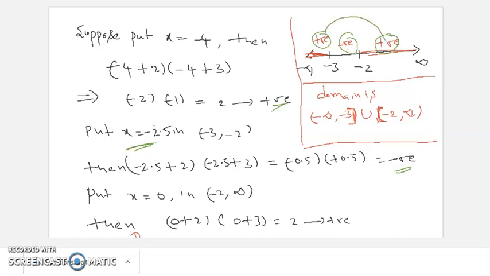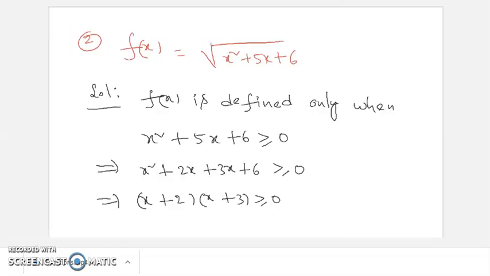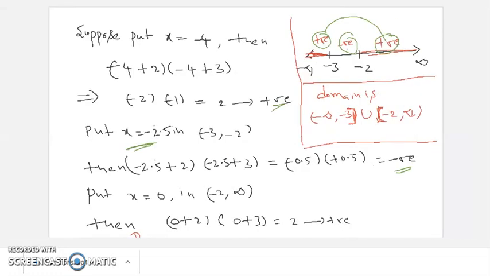Because here the expression is completely in positive values. So what is the domain of the function in this case? It is minus infinity to minus 3 union minus 2 to infinity, closed at minus 3 and closed at minus 2. This is the domain of the function, the union of these two intervals.